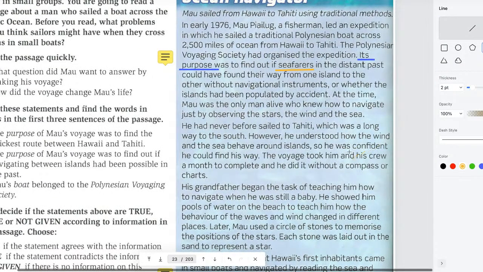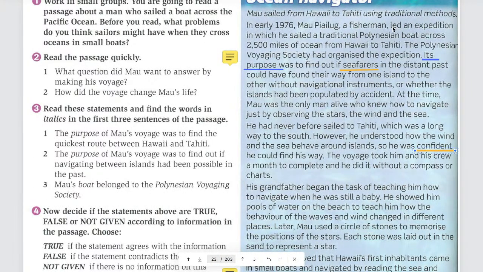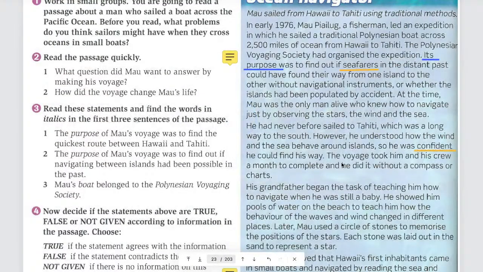Confident, what does that mean? Be brave? He was confident. He could find his way. Confident means you believe in yourself that you can do something. So brave is correct.